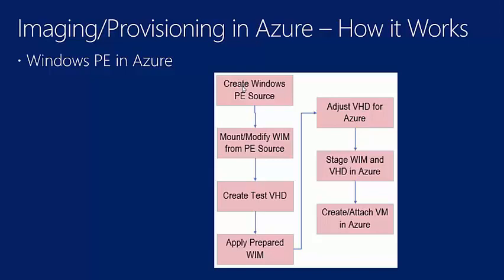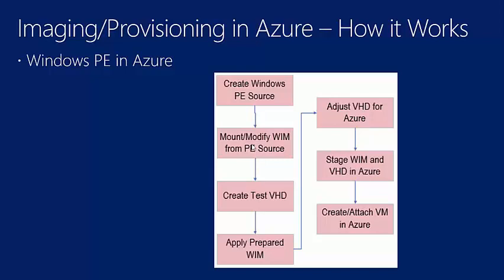So we need that source to start with. Once we have the source, then we want to mount the WIM specifically from the PE source, and we're going to modify that WIM again to add some pieces if we need to, that we will then use going forward. So we'll mount that.